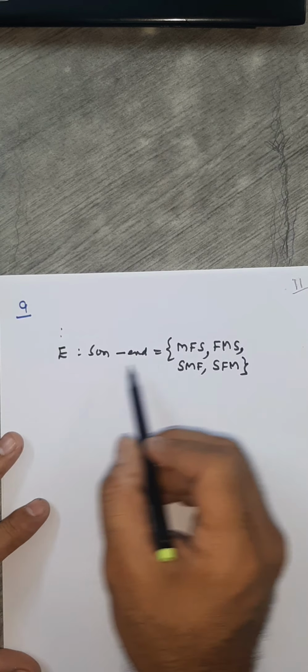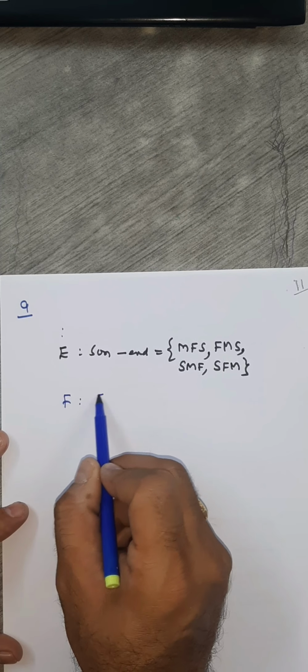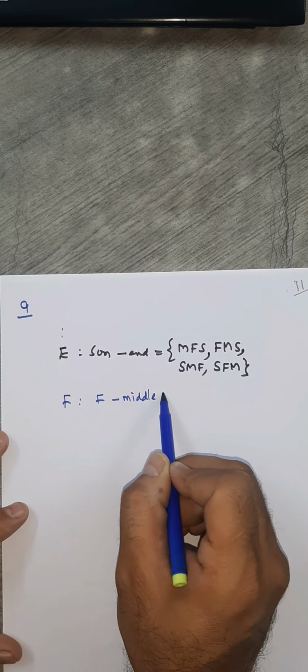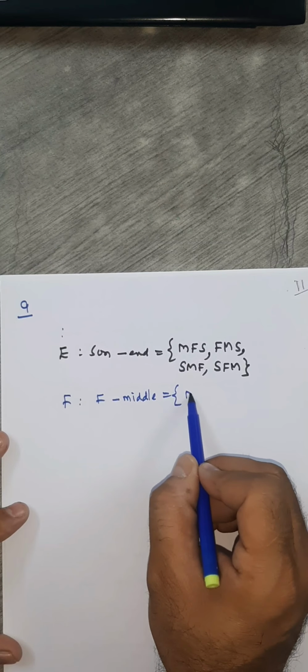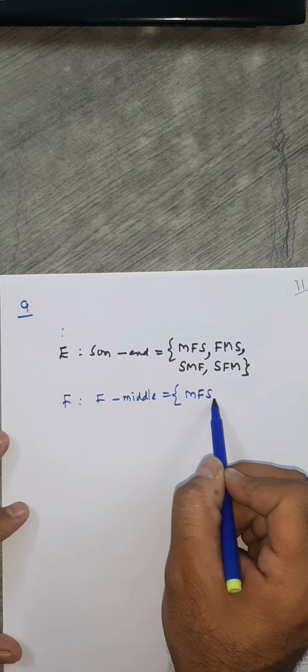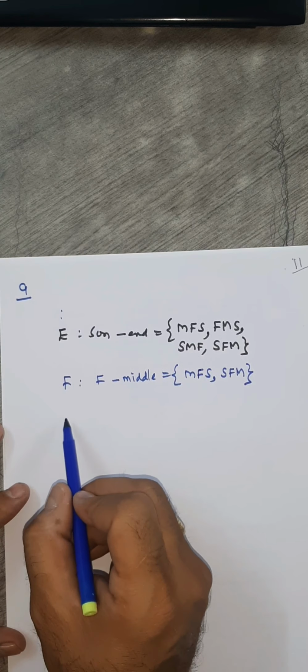These are the 4 outcomes for event E. For event F, you are given that F is in the middle. So there, have a look at the given sample space: MFS and SFM. Only 2 outcomes.